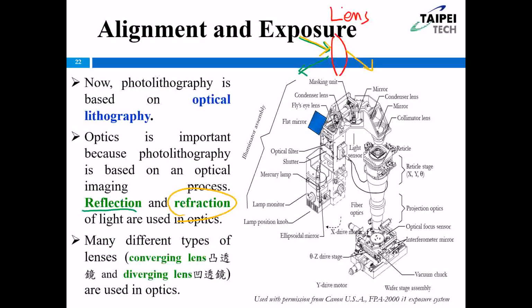But I don't talk about the optical lens. We don't talk about this, okay? We also have different types of lenses, like the convergent lens or divergent lens, different kinds of lenses we are using. So today we want to generate the UV light by the mercury lamp here, okay?